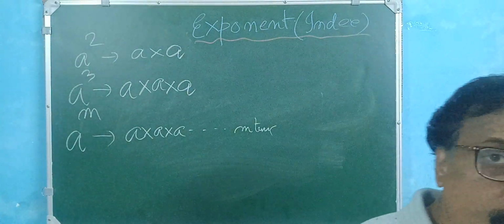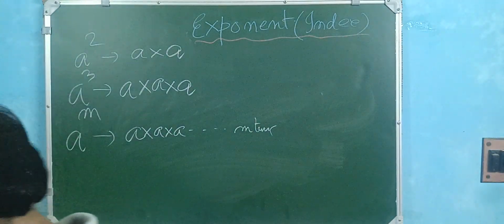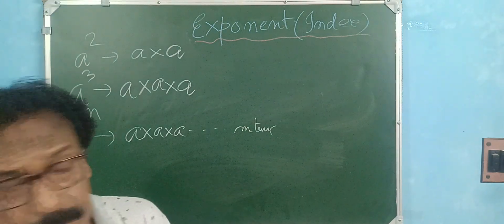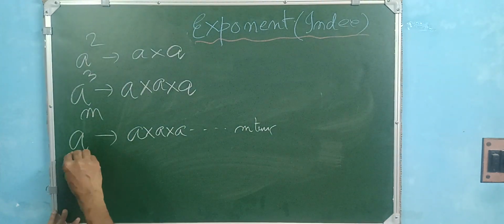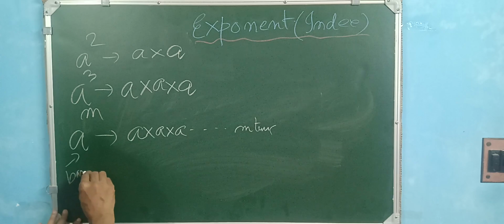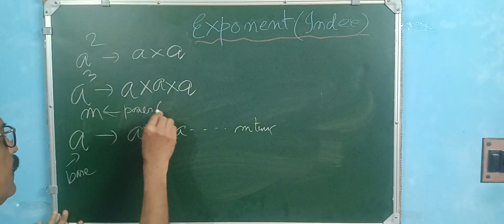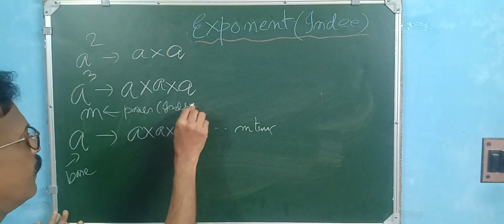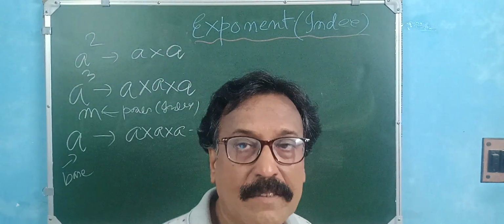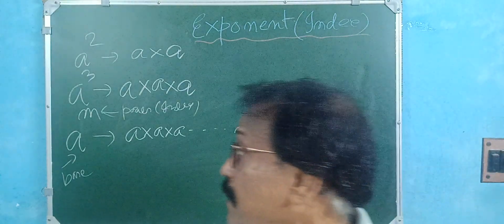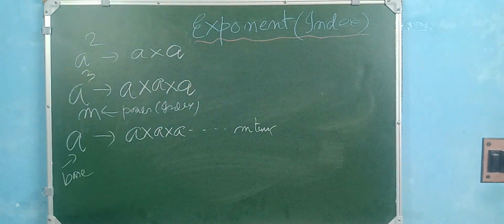This is called a to the power m, where a is the base and m is the power or index.